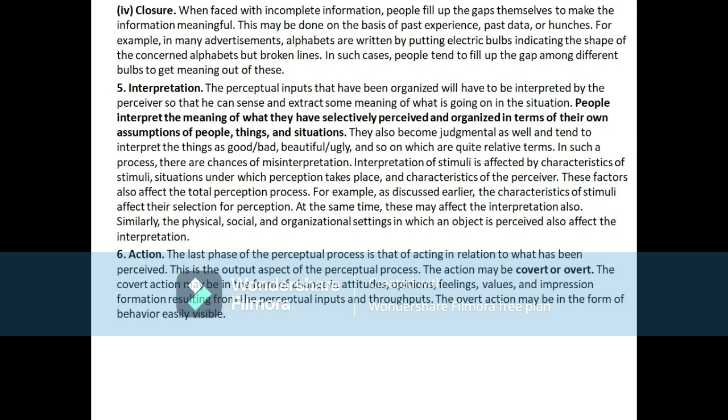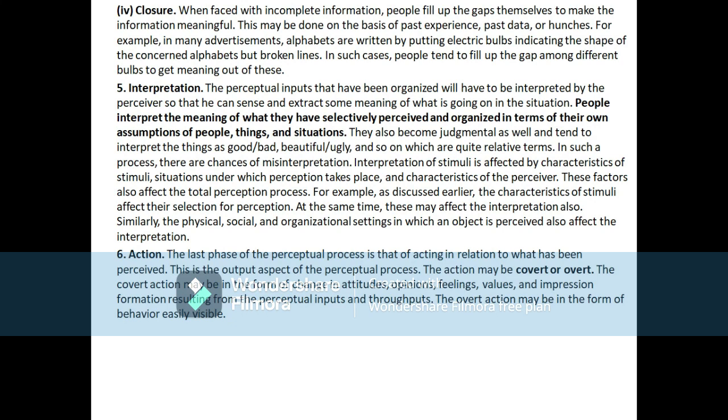The perceptual inputs that have been organized will have to be interpreted by the perceiver, so that he can sense and extract some meaning of what is going on in the situation. Finally, he has to interpret something. Here people interpret the meaning of what they have selectively perceived and organized in terms of their own assumptions of people, things and situations. As we know, different people think differently about the same situation.